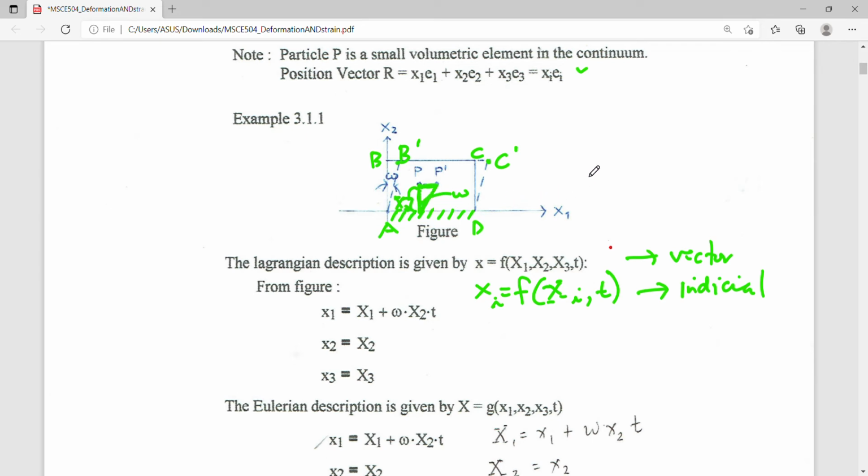Since this is a very small angle, then the tangent of omega is simply equivalent to the angle itself. Hence, this displacement, as described previously by capital X1 here, is added a value which is this one here.